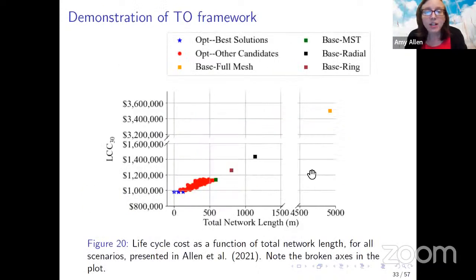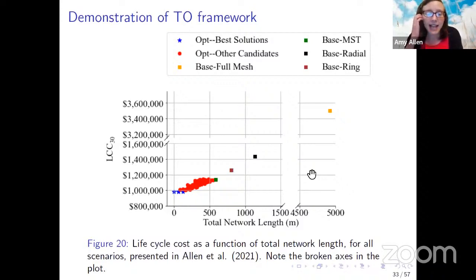This plot shows high-level results from this analysis, with blue asterisks showing the best solutions returned by the topology optimization framework. I say solutions because there were 4 solutions with very similar values of life cycle cost, as well as the base case scenarios, which are shown with squares. One can see that the full mesh network scenario in the base case entails a very long network and a very high life cycle cost.